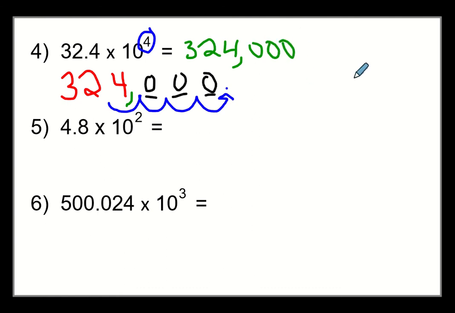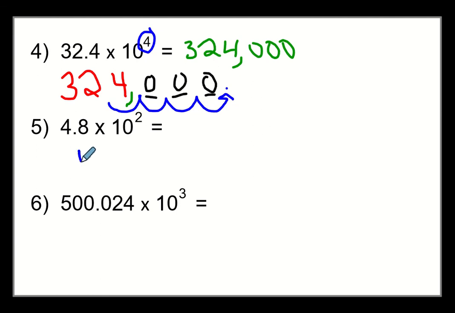And that's it. Nothing in the hundreds, tens, or ones place or beyond the decimal, which again, I often like to say it's hiding, but it is there nonetheless. All right, so we next have 4 and 8 tenths times 10 to the second power.